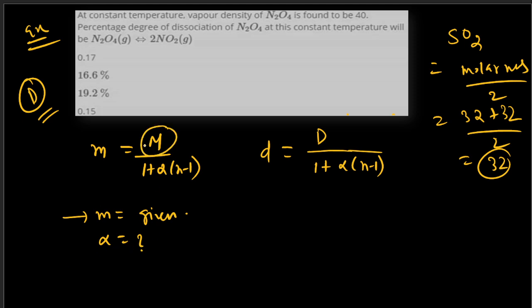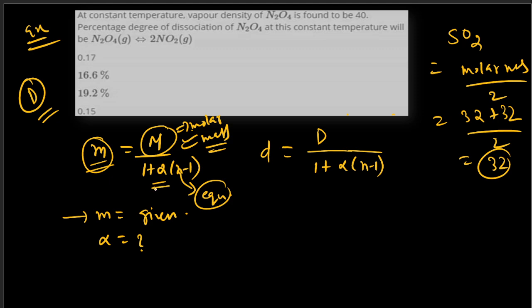M we can calculate, that is simply the molar mass, and then n we can get from the equilibrium, the total number of moles on the product side. So n we know, M we can easily calculate, and m is given, so we can easily calculate alpha. This is the one type.